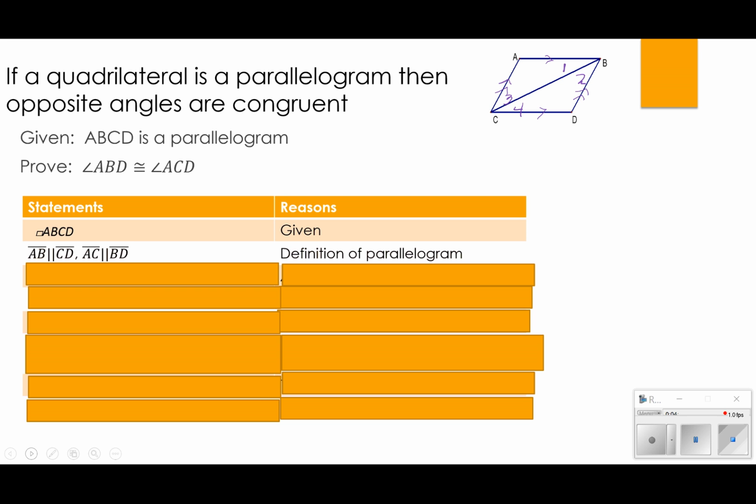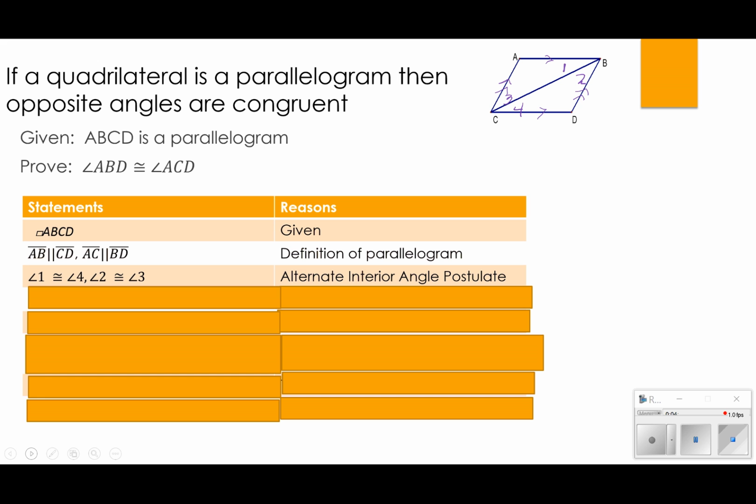So now, and there are many ways to do this. In fact, I'm going to show you after this a really simple way to prove this. But now, I'm saying that angle 1 is congruent to angle 4, and angle 2 is congruent to angle 3. And that's by the alternate interior angle postulate.